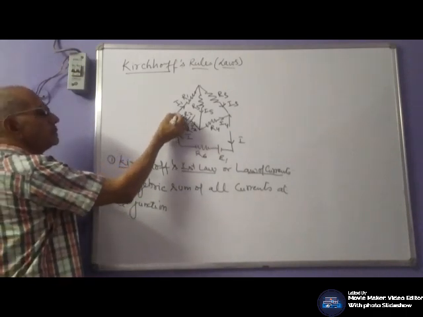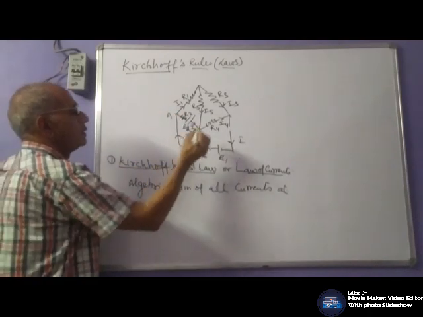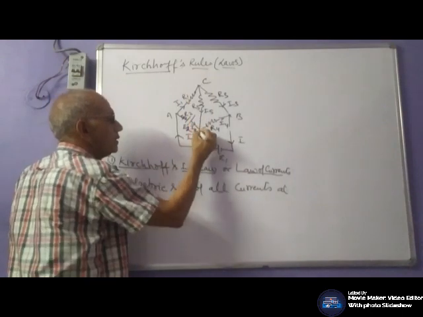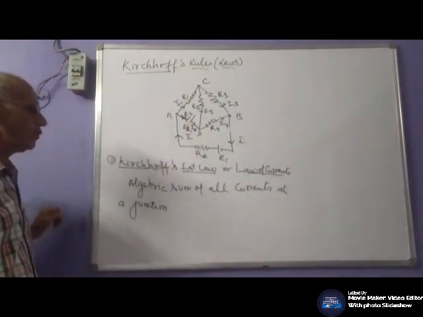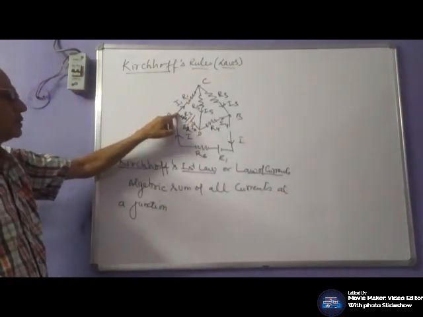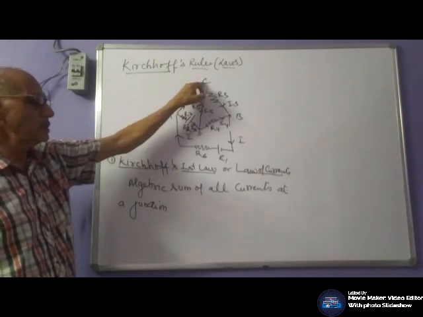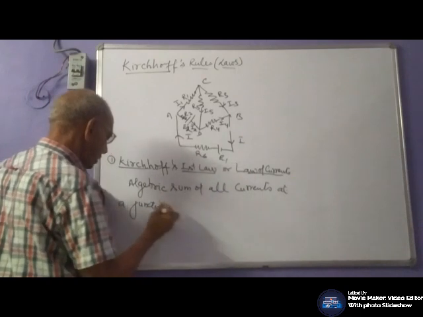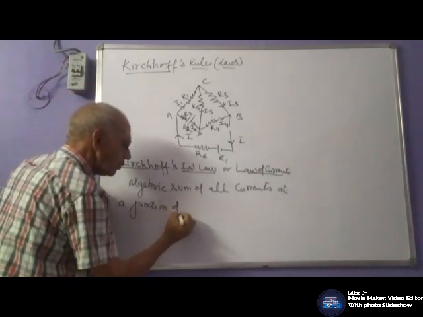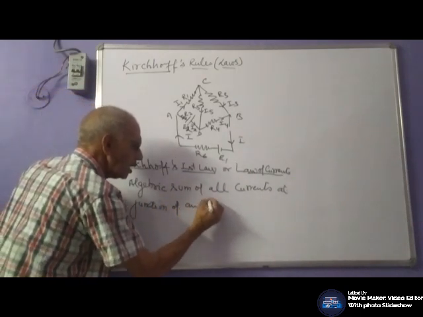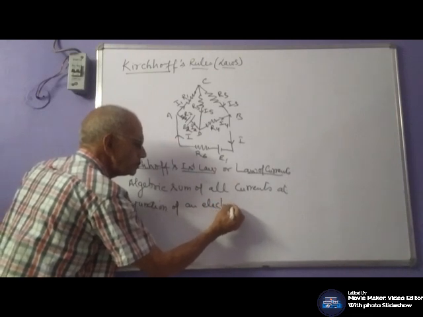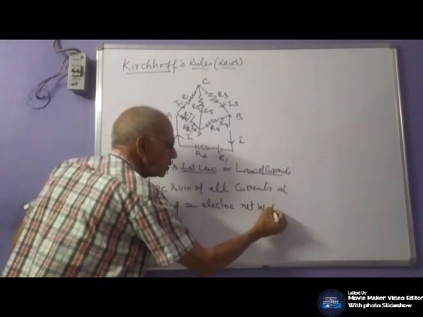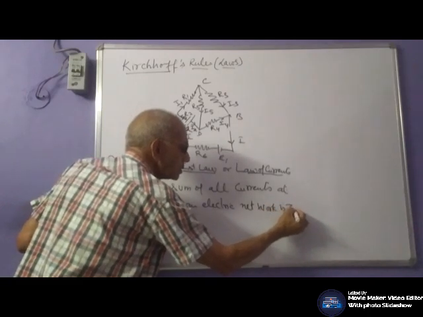This is junction A. This is junction B, C, D. These are junctions of this electric network. The algebraic sum of all currents at a junction of an electric network is 0.